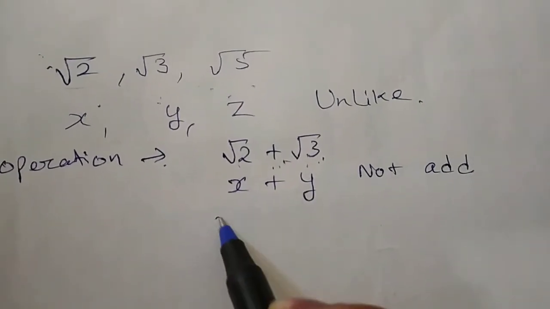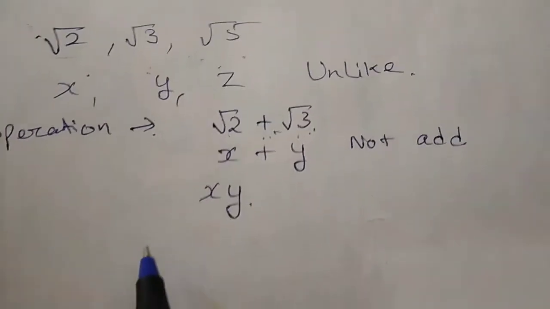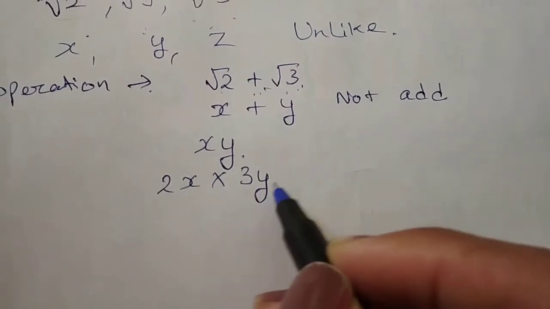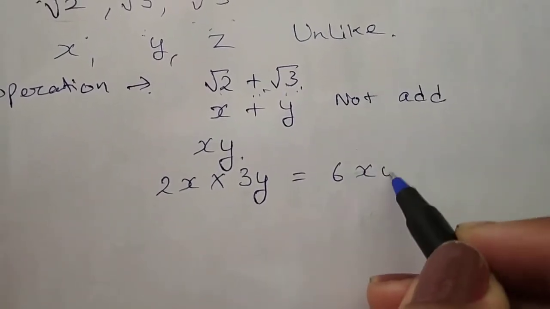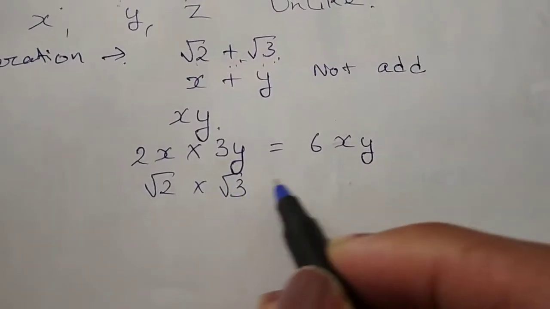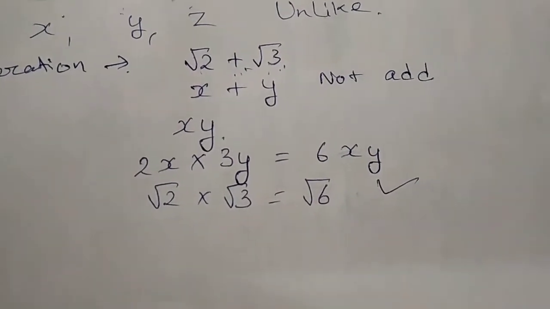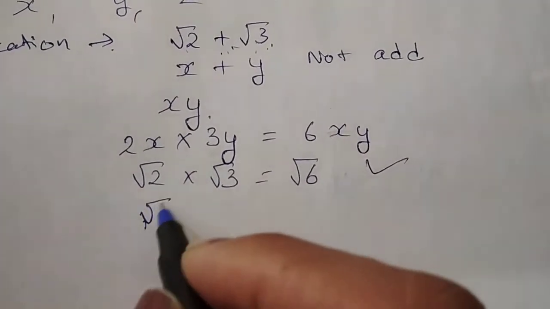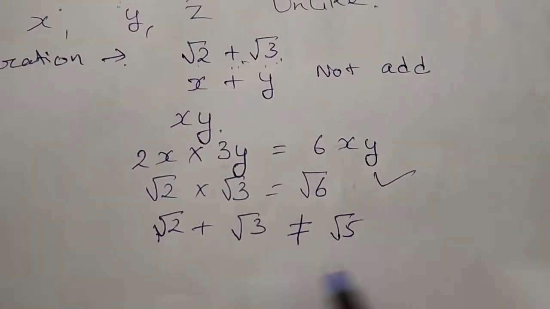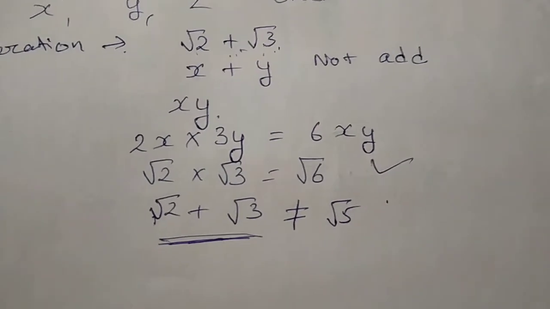But we know very well if we multiply x and y, then we can multiply them, as 2x into 3y we write 6xy. In the same way, under root 2 into under root 3, you can write under root 6. It is correct. But under root 2 plus under root 3 is not equal to under root 5. It is always just this. You have to leave it the same.